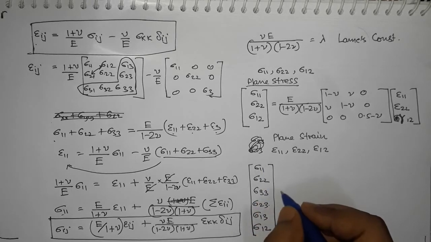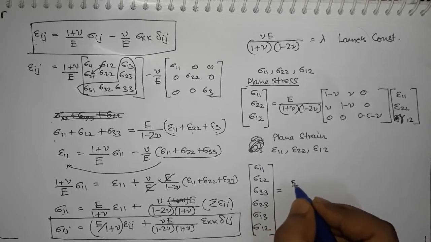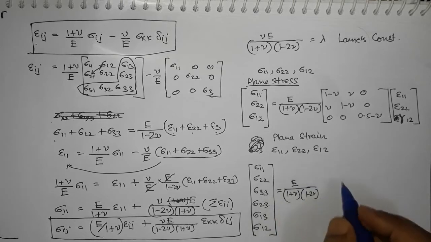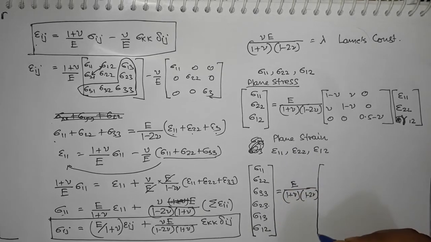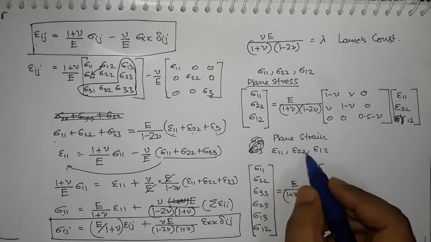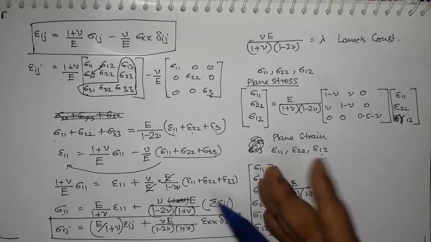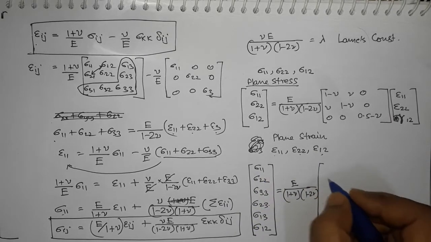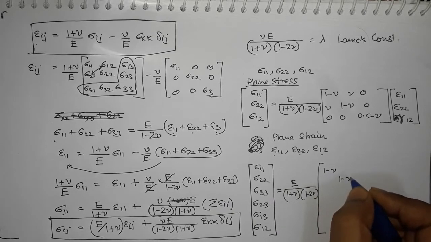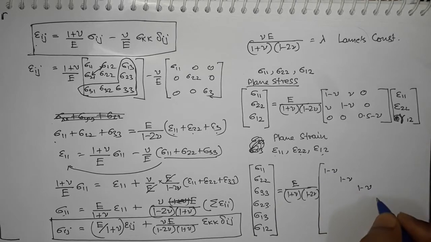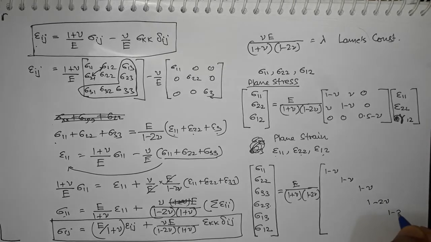This will be equal to again E divided by 1 plus mu into 1 minus 2 mu, and now I have to write a big matrix. So you know what will be there on this side, in this strain. You will have only these 3 components, and the rest corresponding to that will be 0. Okay, so now we will have 1 minus mu, 1 minus mu, then 1 minus mu, then 1 minus 2 mu, 1 minus 2 mu, and 1 minus 2 mu.